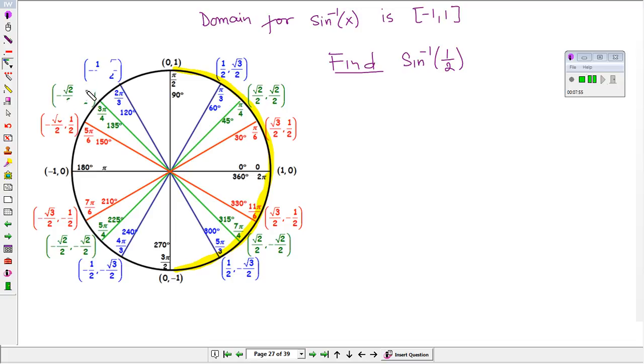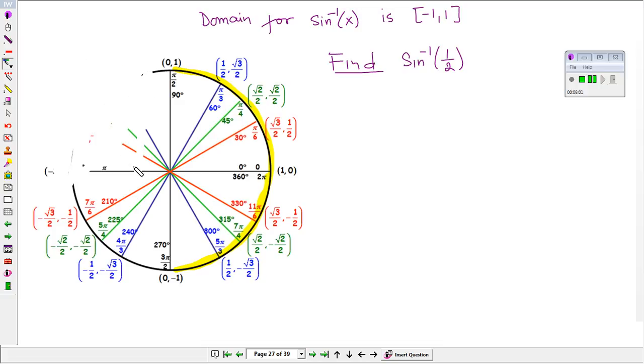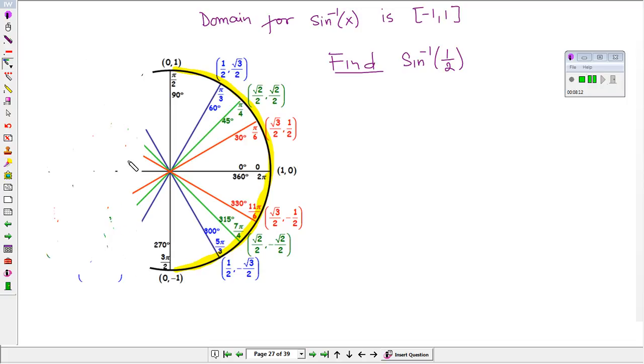Then you're welcome to erase the other half of your circle so that you don't have to look at that. So what I'm looking at is just half of my circle from -1 to 1.